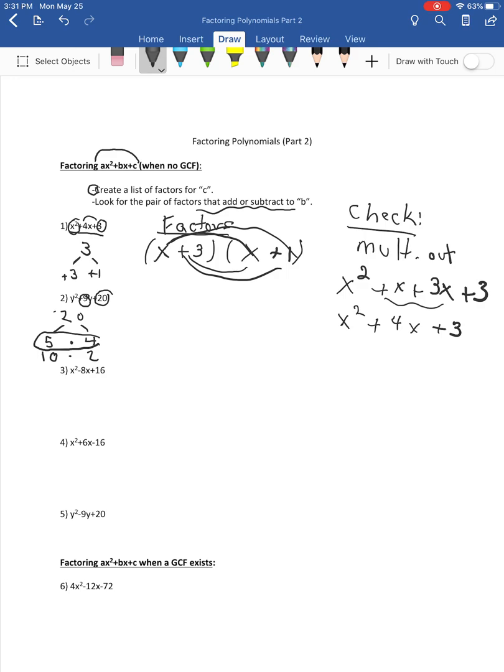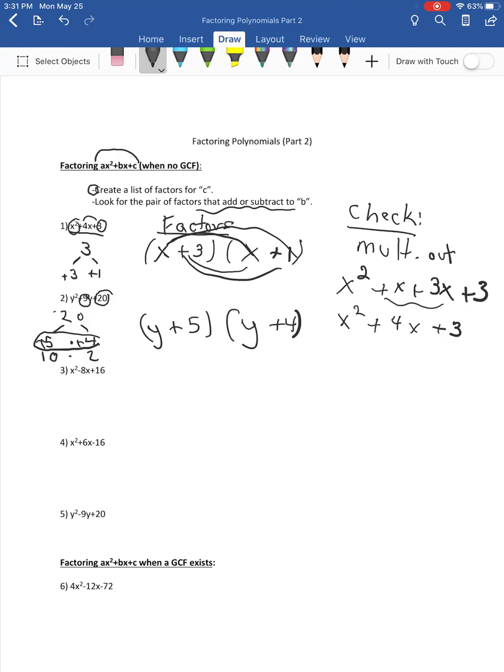Okay, so we have a y squared in front. These are both going to be positive because positive 20, positive 9. And the way we make y squared is with y times y.